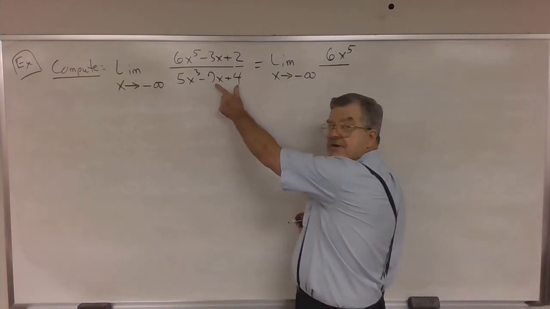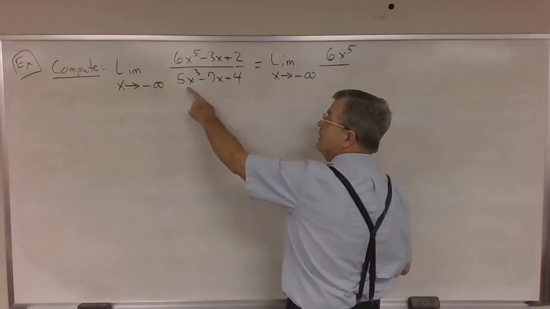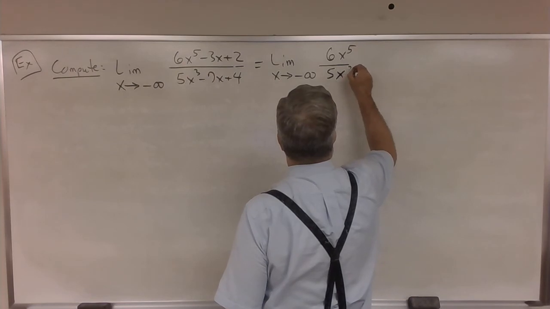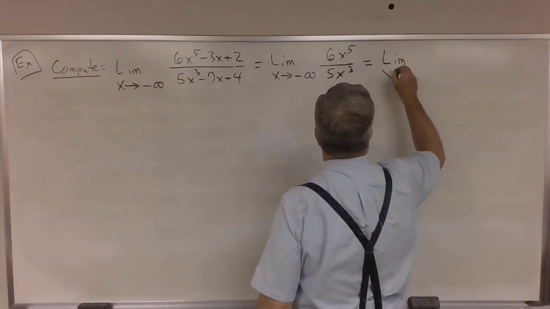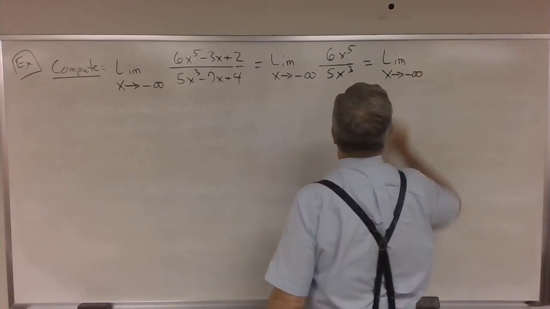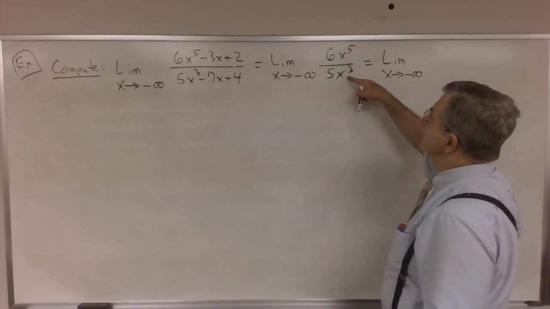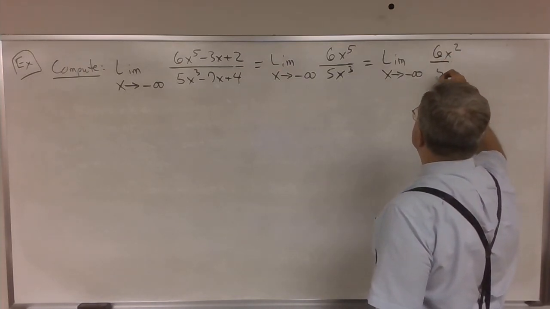We're going to take the terms of lower degree in the denominator and throw them away. We're just going to keep the term of highest degree. And now we can simplify. We divide top and bottom by x cubed. So we have 6x squared over 5.